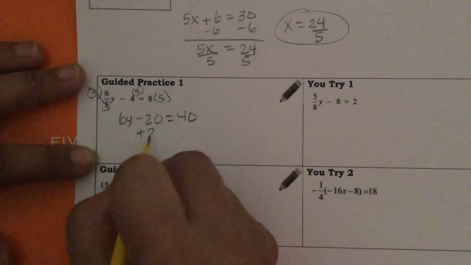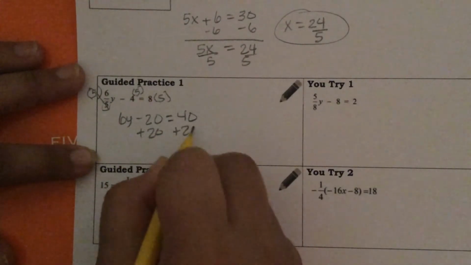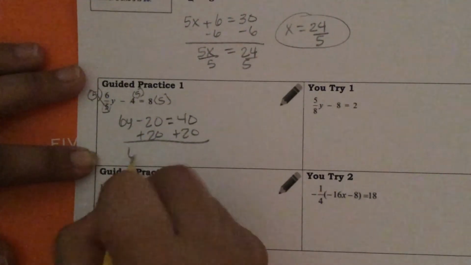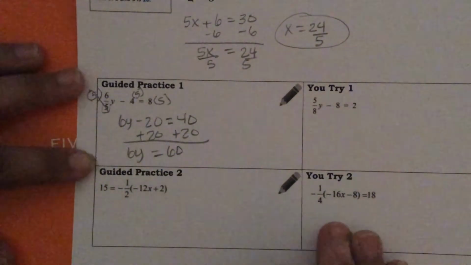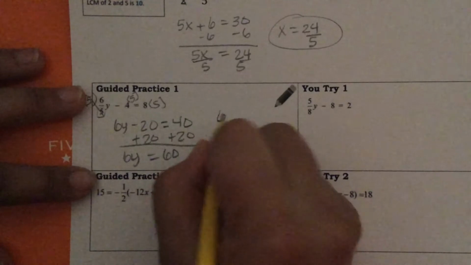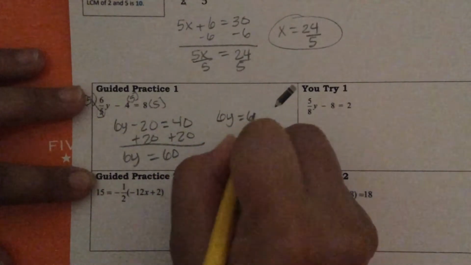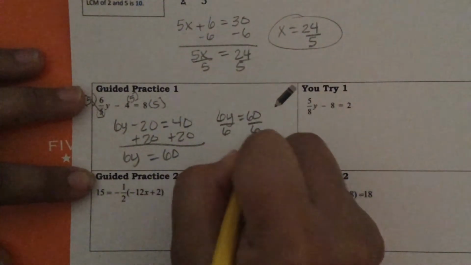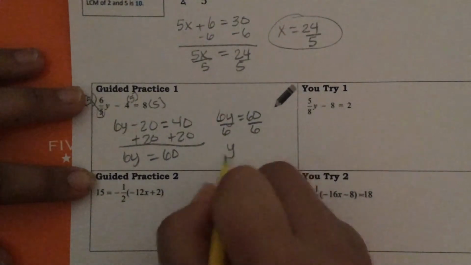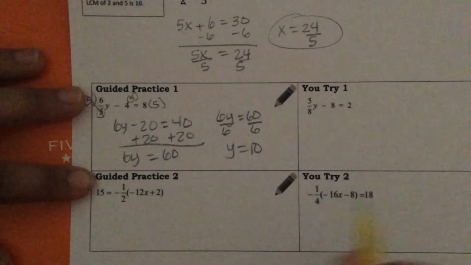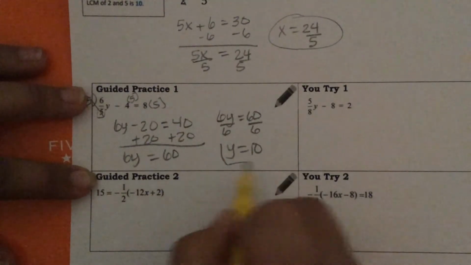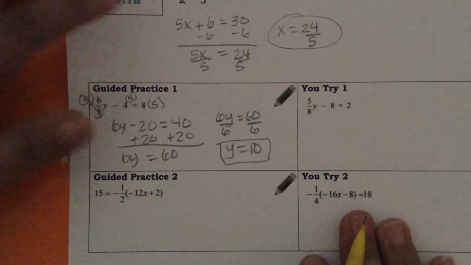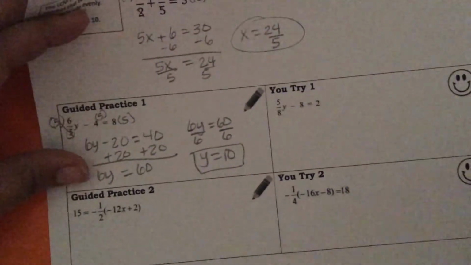You're going to add the 20 on both sides, so I'm going to bring down the 6y equals 40 plus 20 is 60, and then I'm going to divide both sides by 6. So I'm going to divide the left by 6 and the right by 6. You're going to end up with y is equal to 10. So notice that we don't have any fraction that we have to worry about. So y is equal to 10 is the answer.